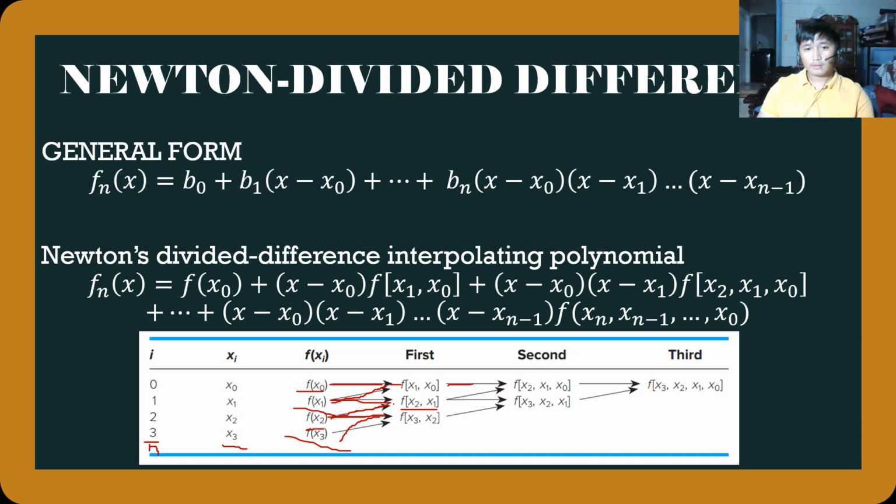Again this function will become one function, x sub 2, x sub 1, x sub 0. This here is a combination of x sub 3, 2, and x sub 1, and finally this will become just one function, x sub 3 to x sub 0. This is how the Newton divided difference interpolating polynomial works.